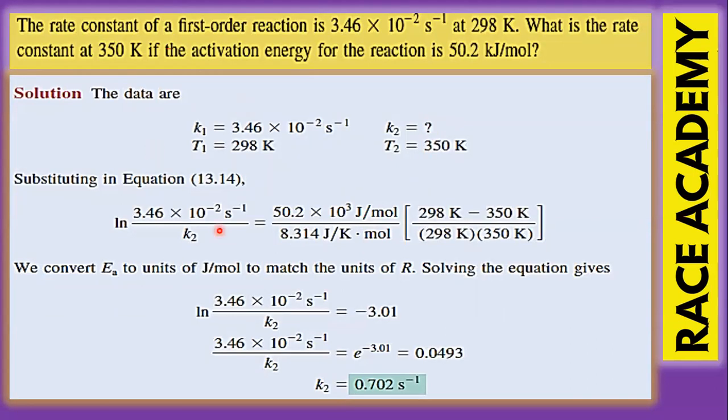So the values are substituted, and the activation energy given in kilojoules is converted to joules as the R value is in joule per Kelvin mole. So it is 8.314, the R value substituted. Upon simplification, finally we got the K2 value as 0.702 per second. This is a most important board examination problem, a 3 marks problem.